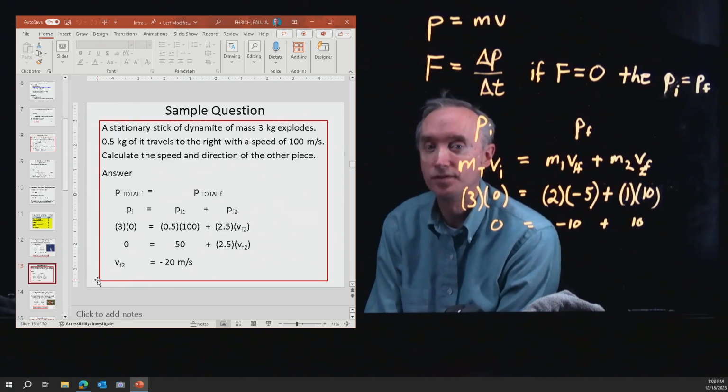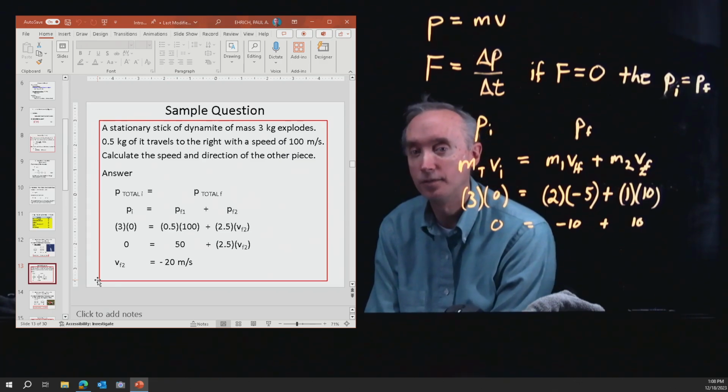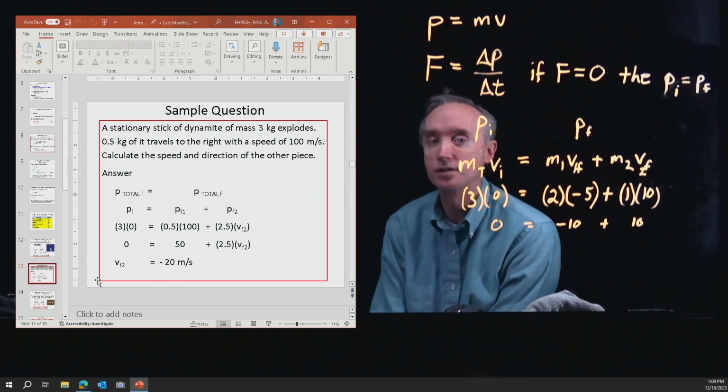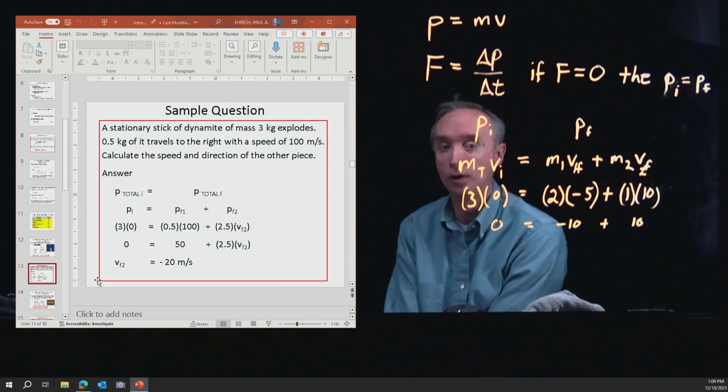So we're going to say 0 is going to be equal to positive 50 plus 2.5 times v. Take the 50 over to the other side, becomes negative 50. And then take negative 50 divided by 2.5, and you get negative 20 meters per second. So that's going to be the speed of the other one.